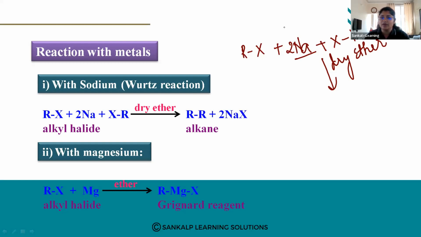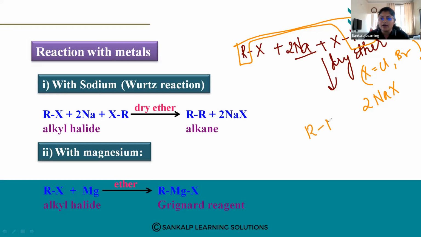I'll just show you how the elimination takes place. R and R will get joined and the side product obtained will be 2NaX, where X can be Cl, Br, etc. So what is obtained? R-R, that is an alkane. A higher alkane is obtained.